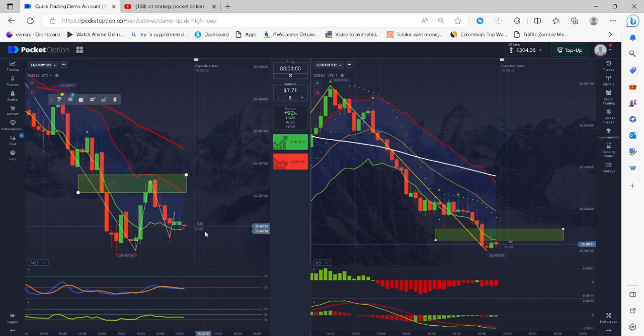Okay, so for this, it's probably still going to make it across. Mind you, our fair value gap is still here. Let me extend that a bit.